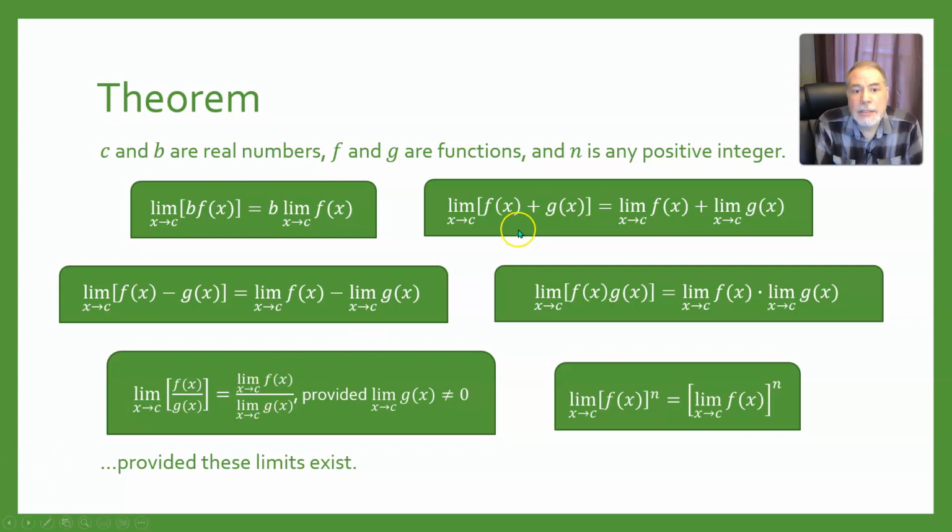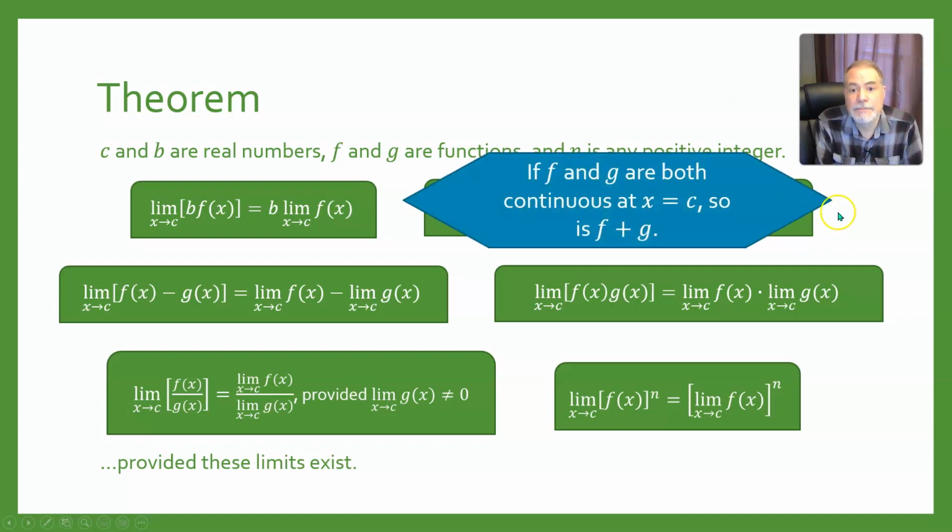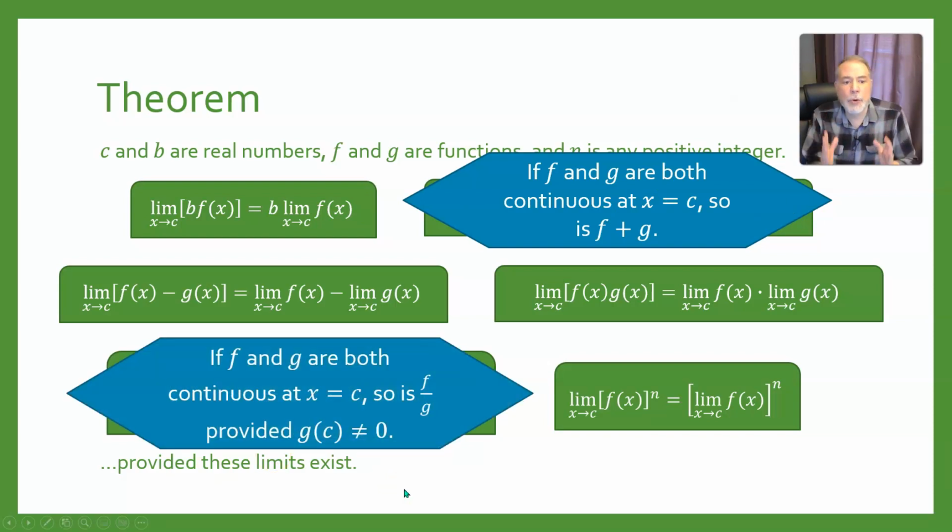For example, since the limit of the sum of two functions is the sum of the limits, that means if you have two functions that are separately continuous at the same point, their sum, the function that you get when you add them together, must also be continuous at that point. If you have two functions that are both continuous at a point, and you take their quotient, f over g, that is also continuous as long as the denominator is not 0.